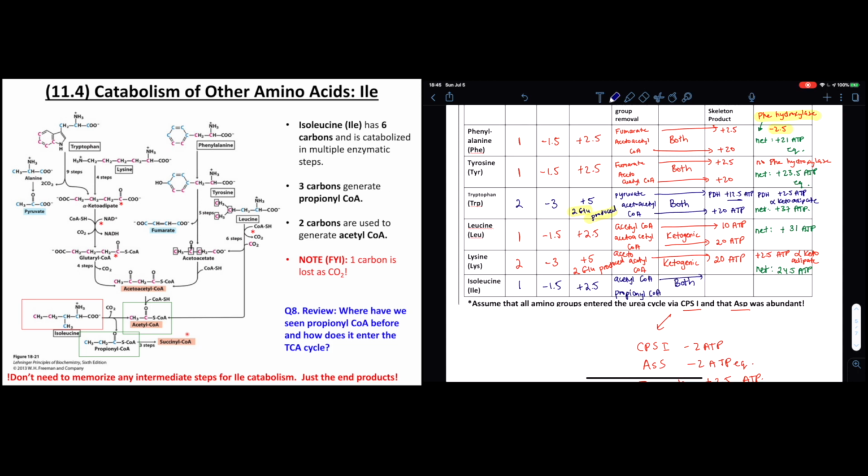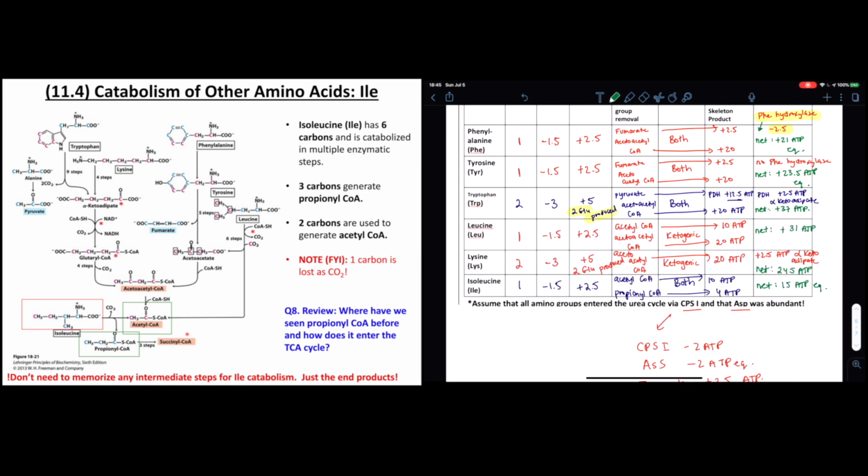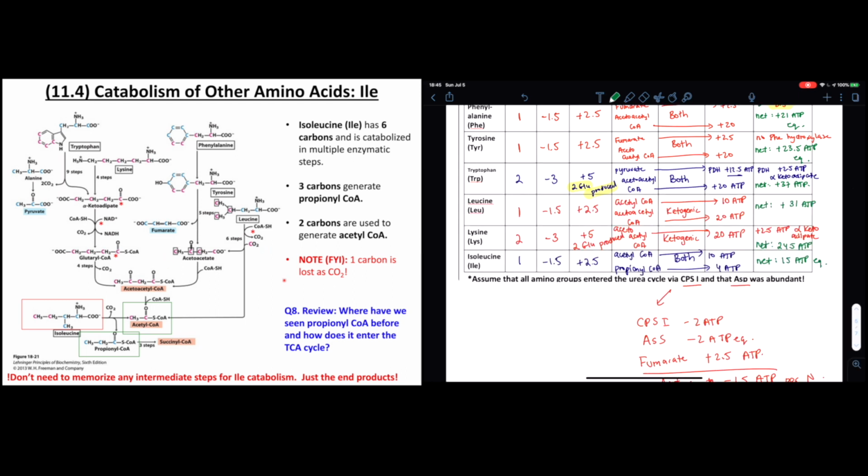So this produces 10 ATP, this produces 4 ATP, and then when we add that all up together, we're going to get a net of 15. All right, so that is it, okay?